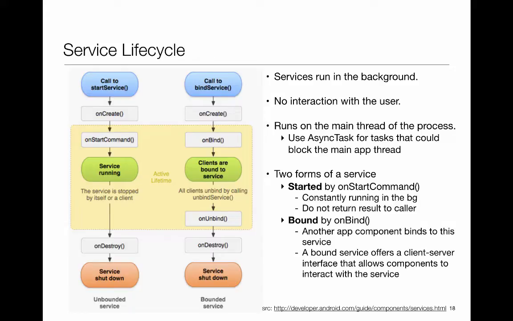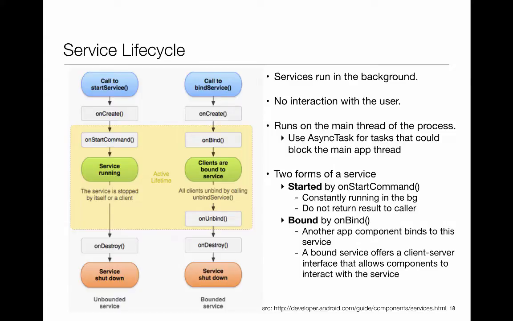If you want to do some blocking or asynchronous task, you can use a separate class called AsyncTask, such as for downloading some stuff or writing some files. Later on in our demo, you will see the use of AsyncTask as well.